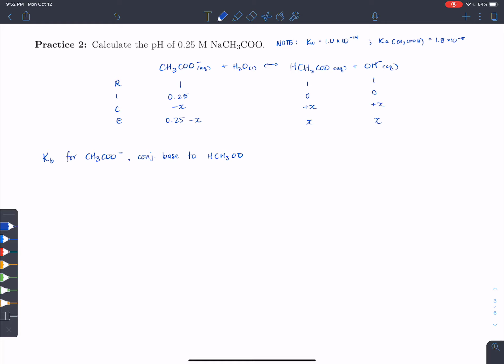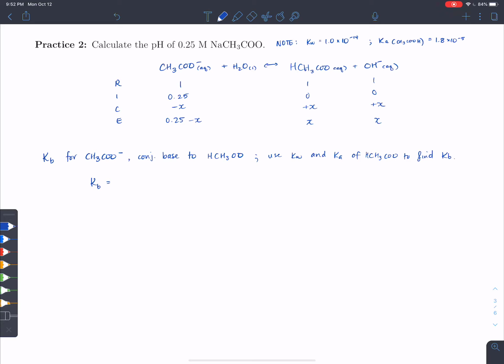And we are going to use Kw and Ka of our acid to find our Kb. So let's do that.